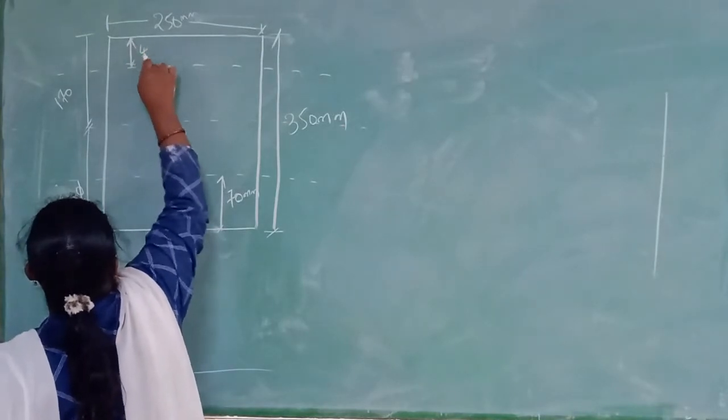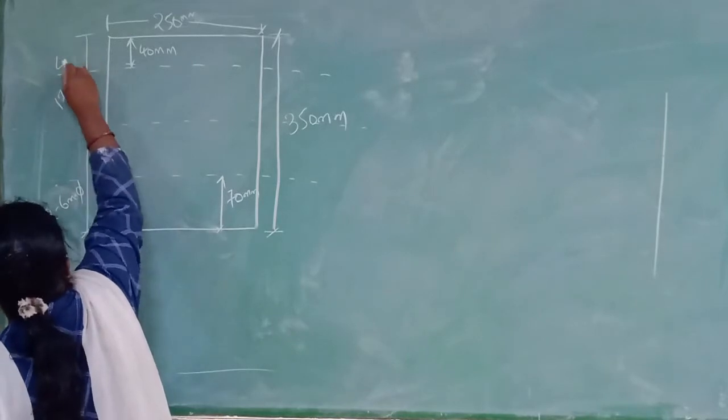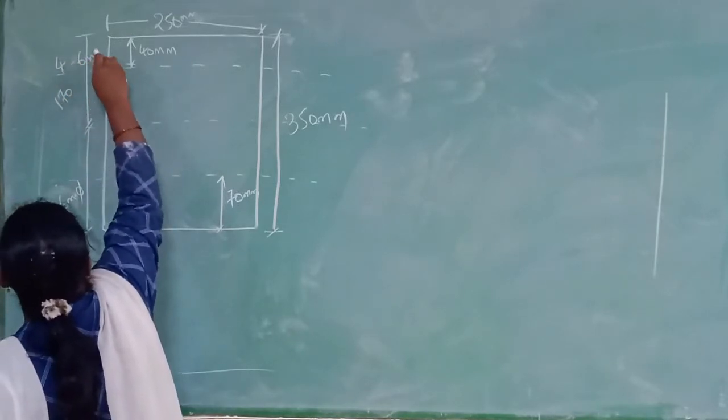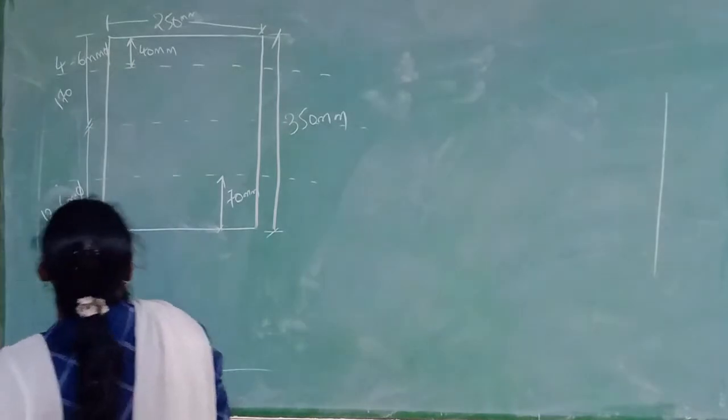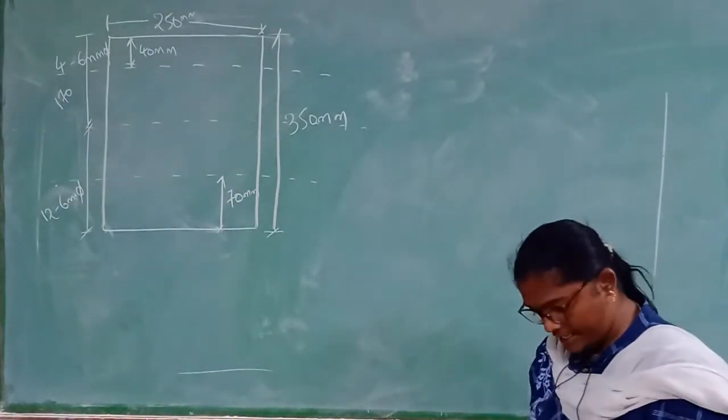How many wires have you used of 6 mm? So this is the rectangular section.